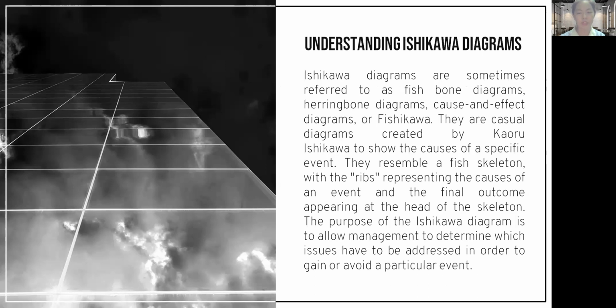They resemble a fish skeleton with the ridge representing the process of an event and the final outcome appearing at the head of the skeleton. The purpose of the Ishikawa diagram is to allow management to determine which issues have to be addressed in order to gain or to avoid a particular event.